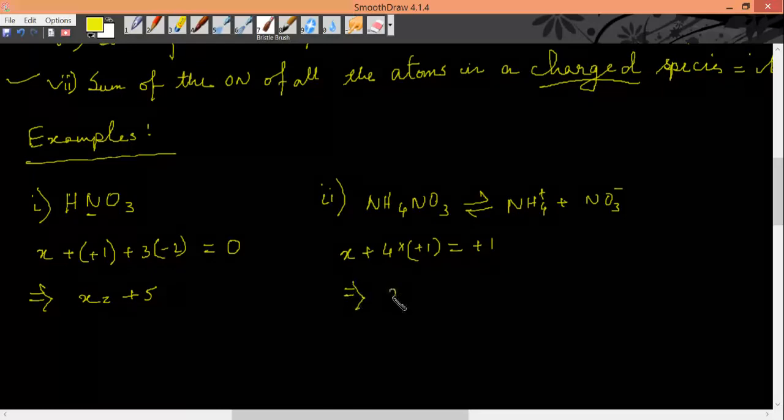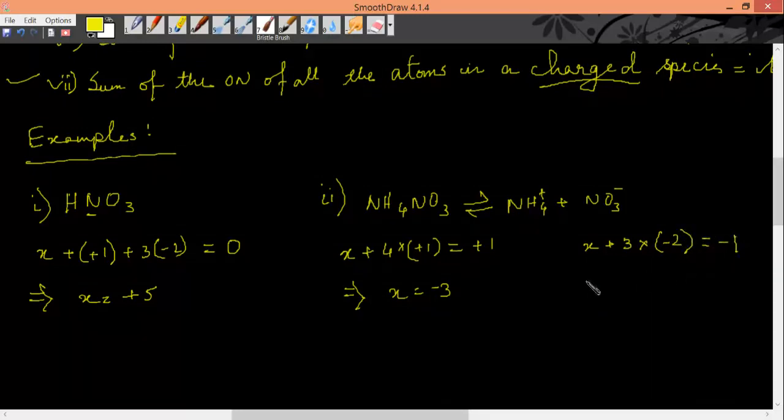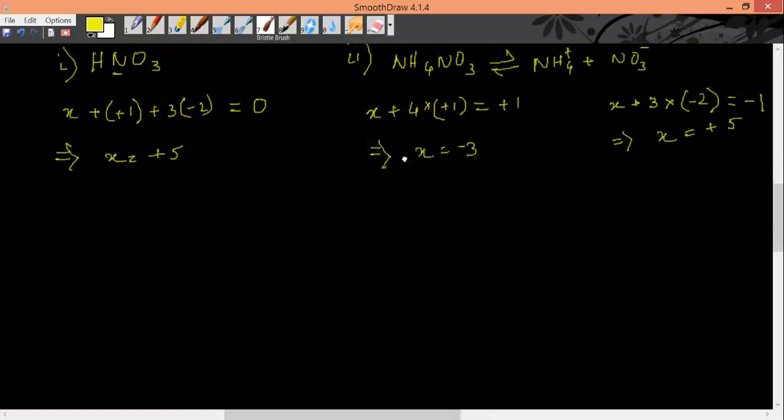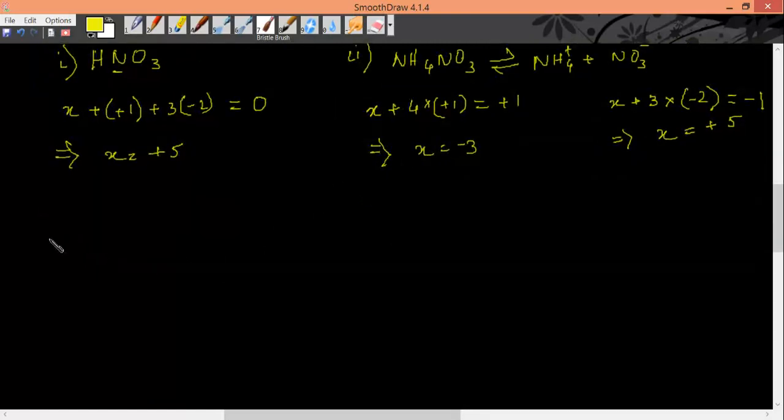Then X comes out as minus 3. Again for NO3 minus, let oxidation number of nitrogen be X and for 3 oxygens we have 3 into minus 2, and this equals its charge which is minus 1, and then X becomes plus 5. These two nitrogens in NH4NO3 have two different oxidation numbers, minus 3 and plus 5 respectively.